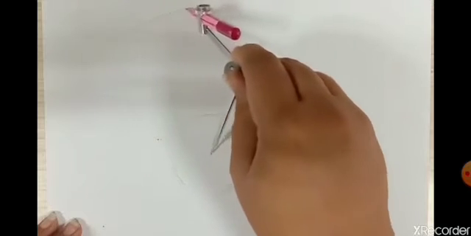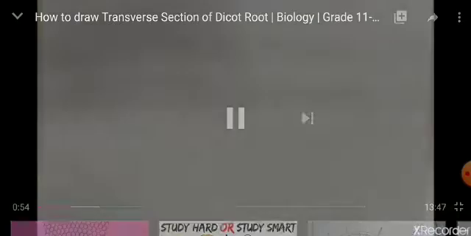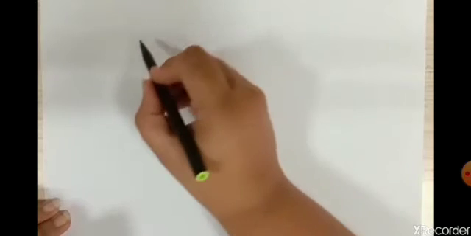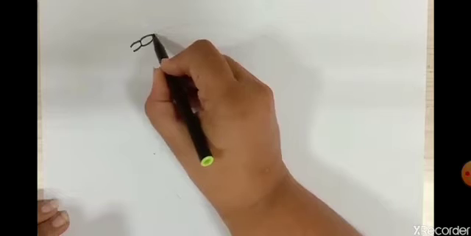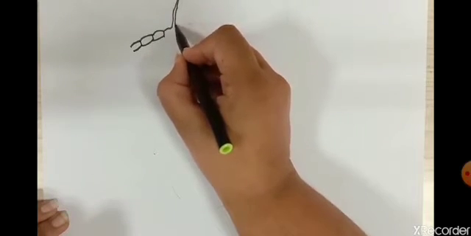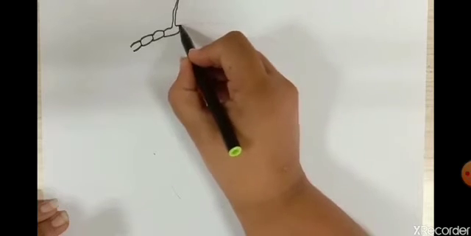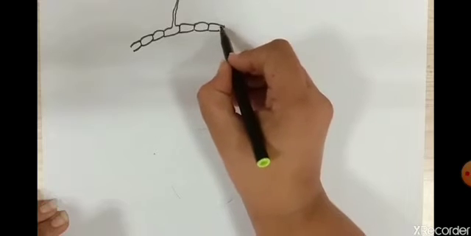then a small arc which is a little bit bigger than the circle. We have to draw a single layer of cells, with the root hairs coming out of some cells from that layer.